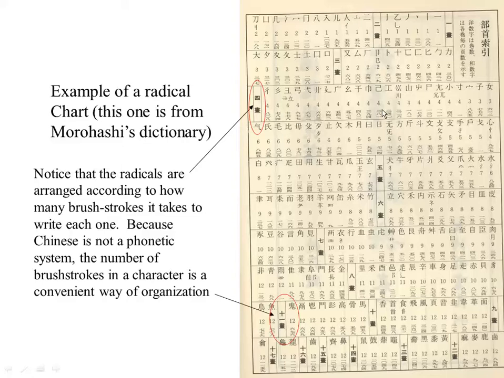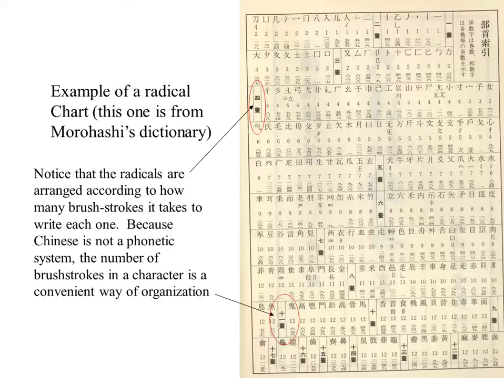So in other words, all the radicals in this box, there's 1, 2, 3, 4, 5, 6 of them, all have 1 brush stroke. And starting here, 23 radicals have 2 brush strokes.